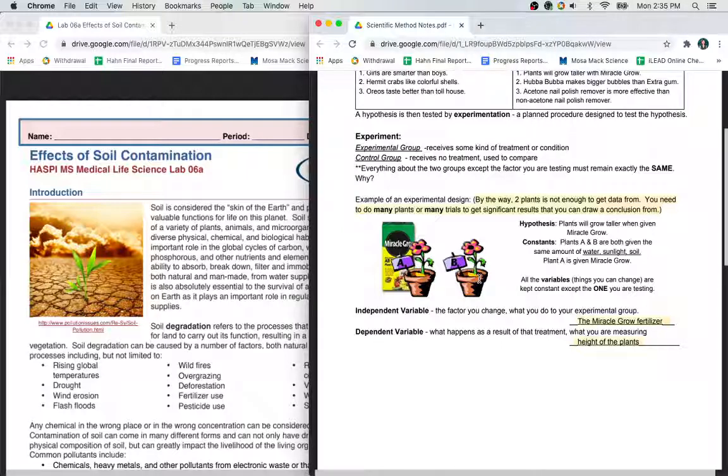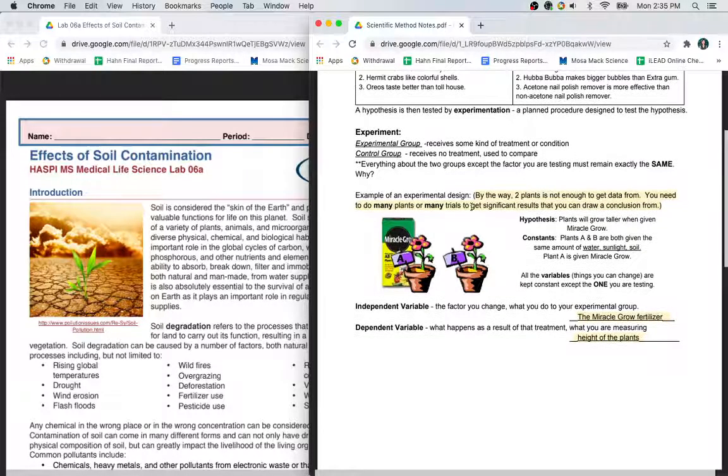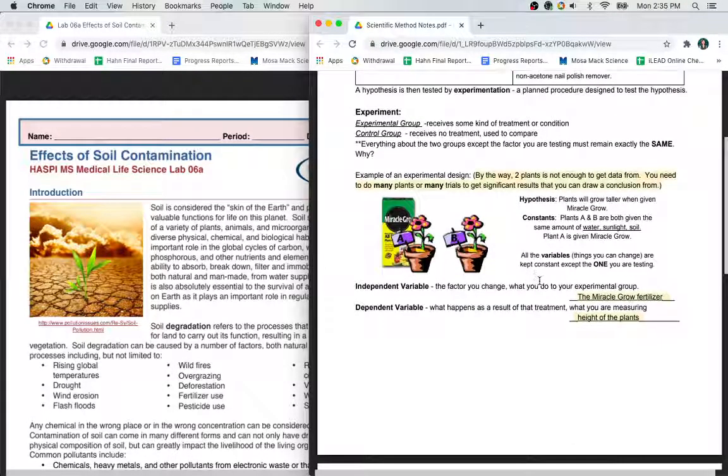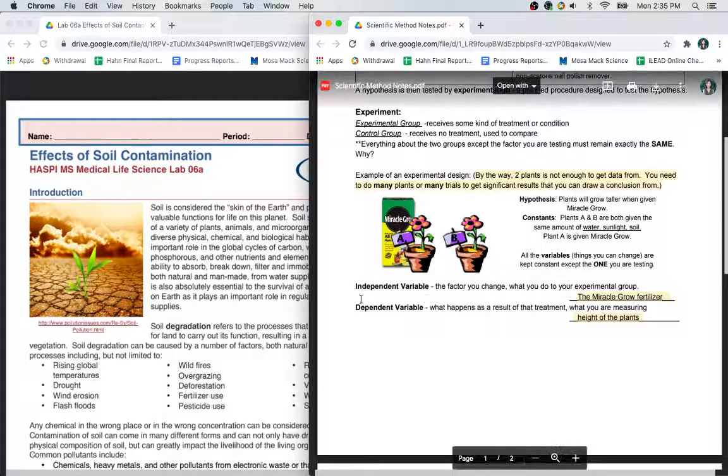And so when you do your experiment, you definitely want to have a control, where you're going to have some plants without the pollution. One of the things that you need to distinguish in your lab report is what the independent variable and the dependent variable are.